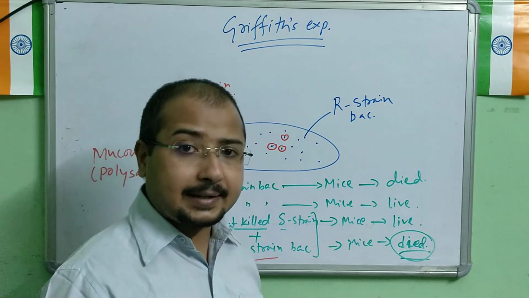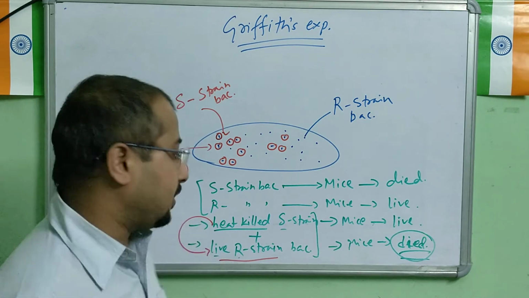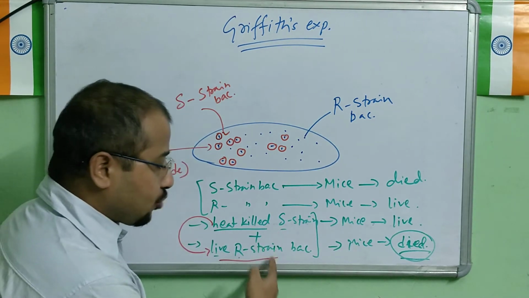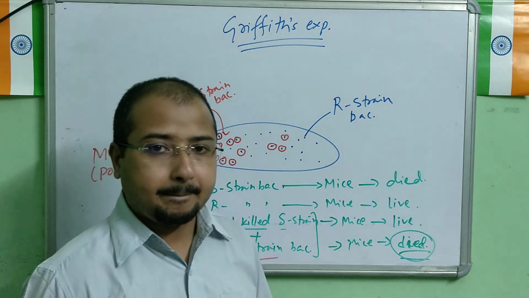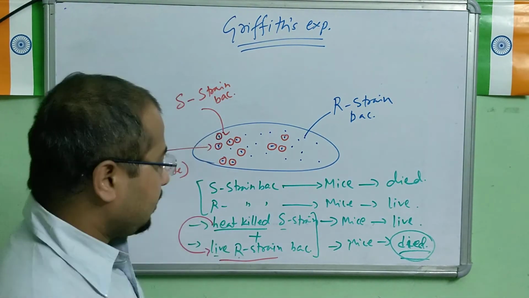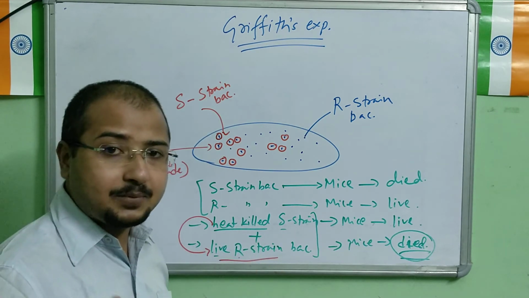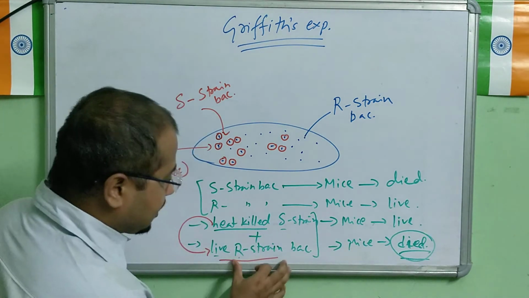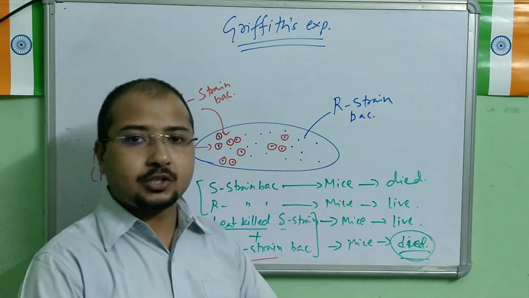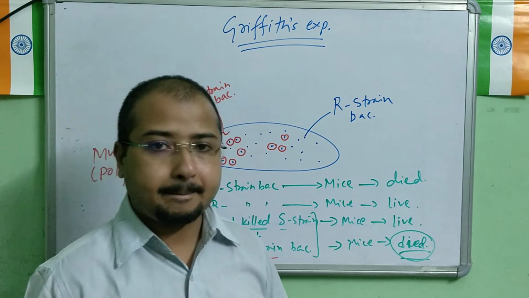And he also said that this is the genetic material which actually transferred from the S strain to the R strain bacteria. This is the genetic material that helps in transforming the R strain bacteria into the poisonous S strain form, and which killed the mice.